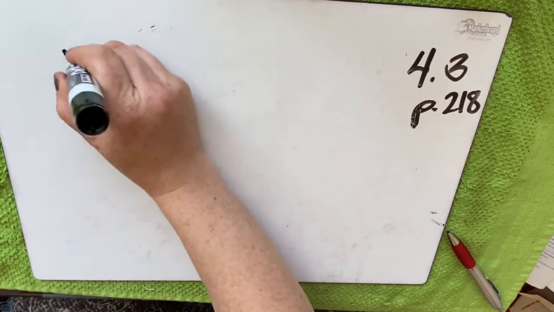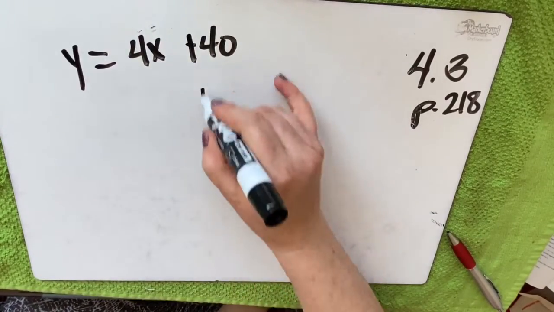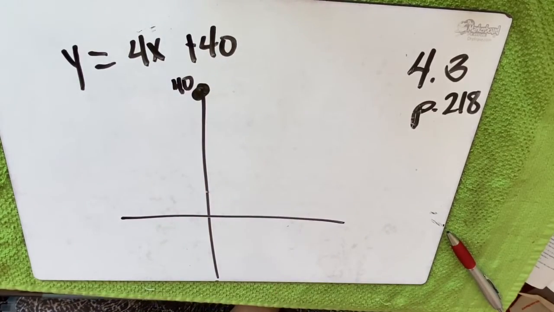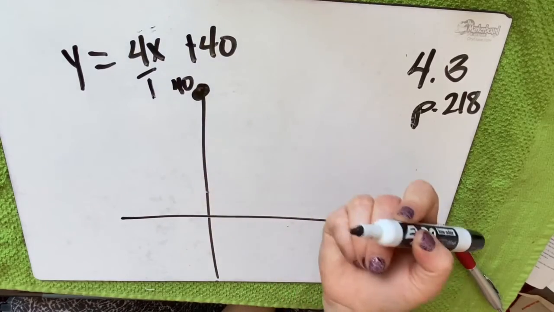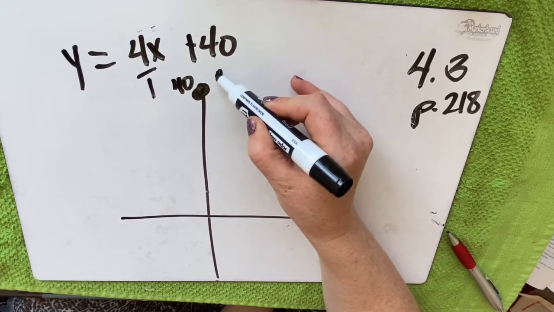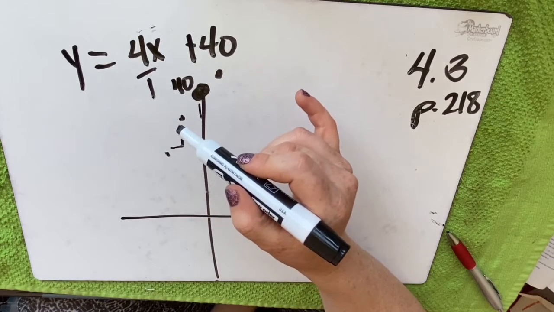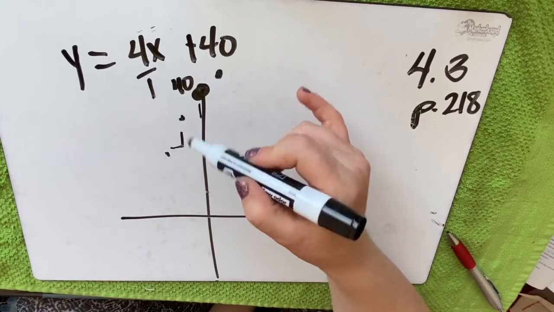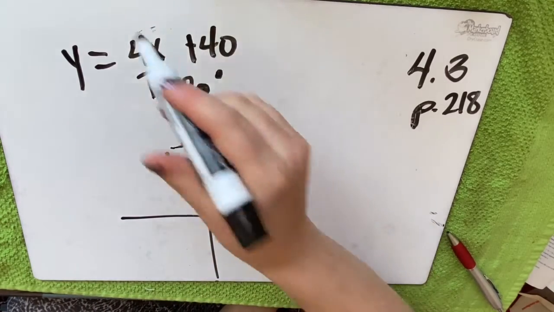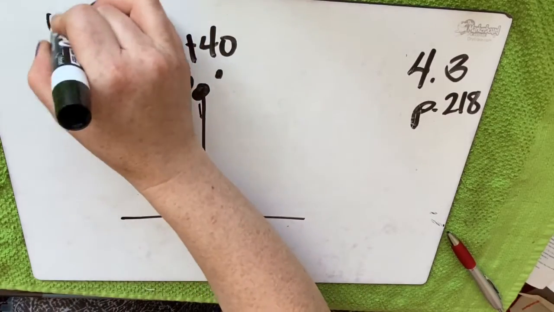Then we know the other one where you solve for y equals 4x plus 40, right? So where does it start? It starts way up here at 40. And this is 4 over 1, right? So you're going to go up 4 over 1, and you're going to go down 4 over 1, down 4 over 1, right? And then the way you can find out where it hits down here is substitute in 0 for the y.